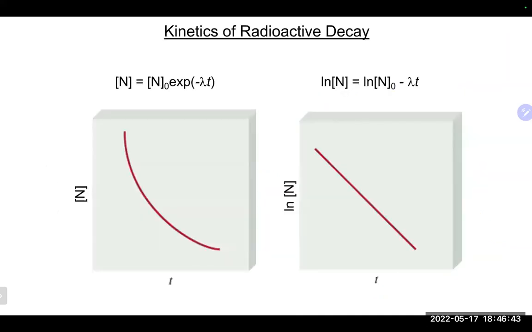These are common graphs that we see for first order kinetics. And like I said, this is sometimes how nuclear chemists like to use this formula. This is the first order plot.